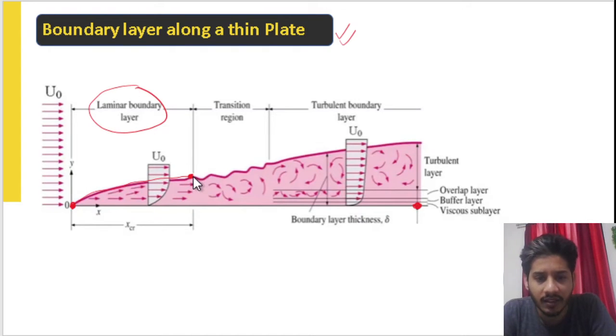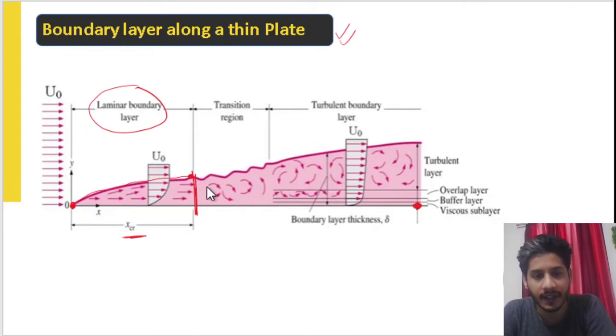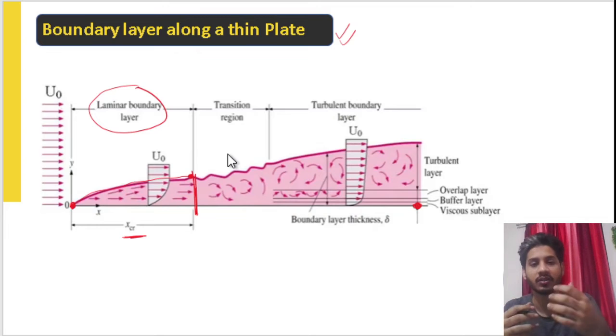Then after x critical, this critical value of the laminar layer, there is a transition zone in which the fluid gets into a very randomized, haphazard motion.